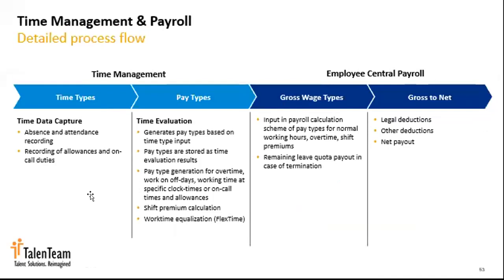Time types and pay types are captured and generated in the time management solution of SuccessFactors, and these are directly integrated to SuccessFactors Employee Central Payroll, which plays a vital role in calculating your gross wage types and gross-to-net calculations in ECP, the Employee Central Payroll system.